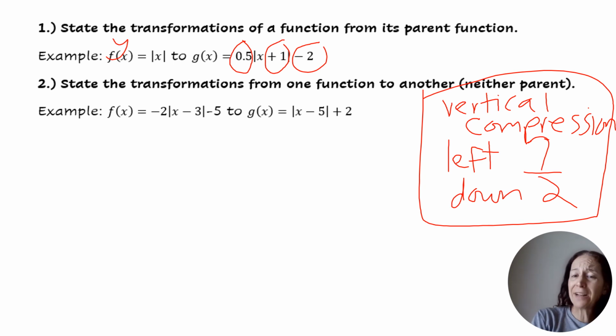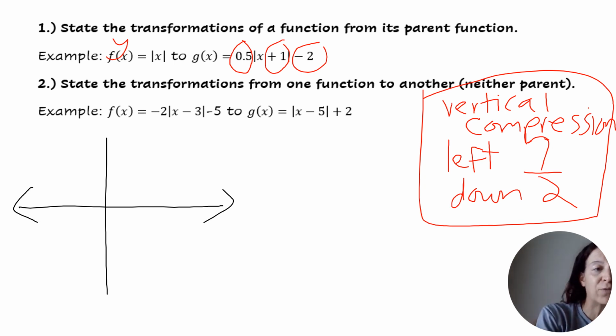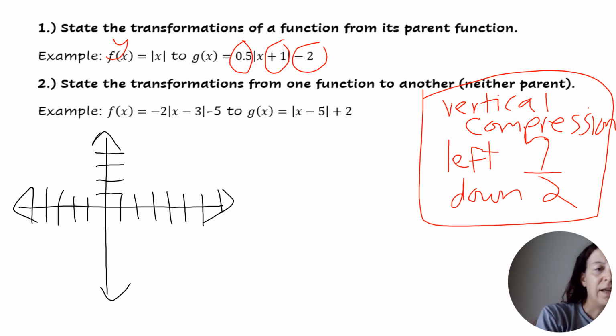So you can try to do this in your head, but on your test, I am providing a coordinate plane for scratch work. And it will say that you can use the coordinate plane for scratch work, but you're going to be graded on your answer. Now, the reason I'm putting that on there is because it helps us to see what's happening. So in this first one, we have a negative.